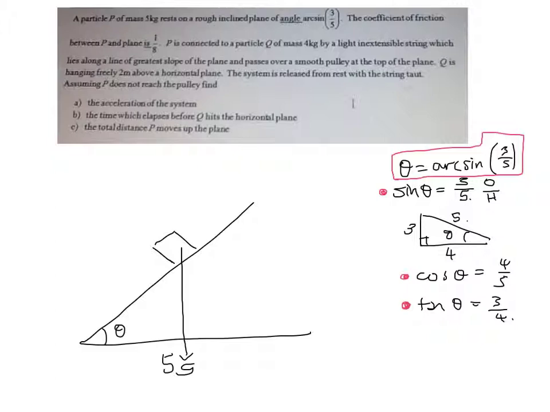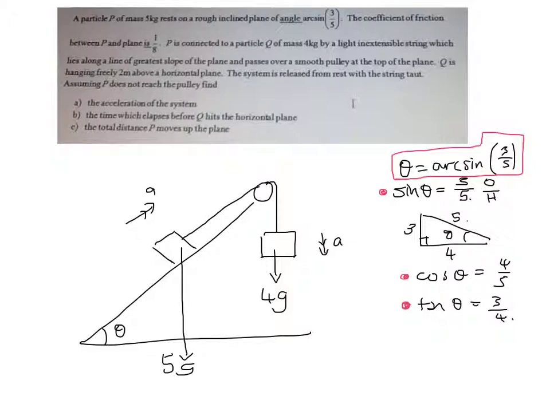We've got the 5g going down. The coefficient of friction is an eighth, mu is an eighth, and there is some string and there is a pulley, and then there is something falling down like this, and this one has a mass of 4 kilograms, so that's 4g there, and it's a light inextensible string, which means the acceleration of the second particle will equal the acceleration of the first particle.